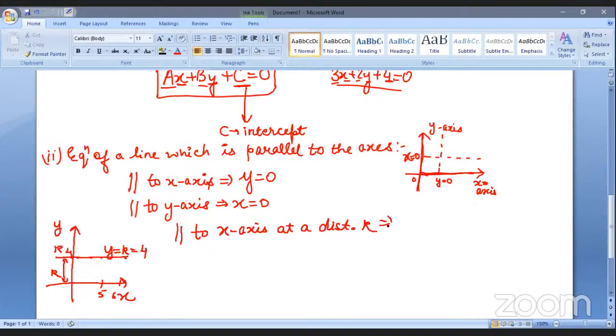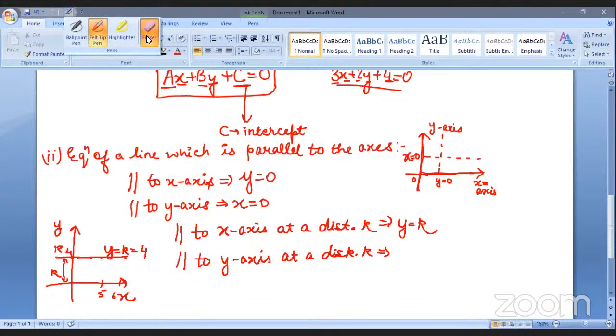So this means that the equation would be y is equal to k. And similarly, if we see the analogy, if some line is parallel to x-axis at a distance, again we can take k or any value. Sorry, this distance, what have I written?